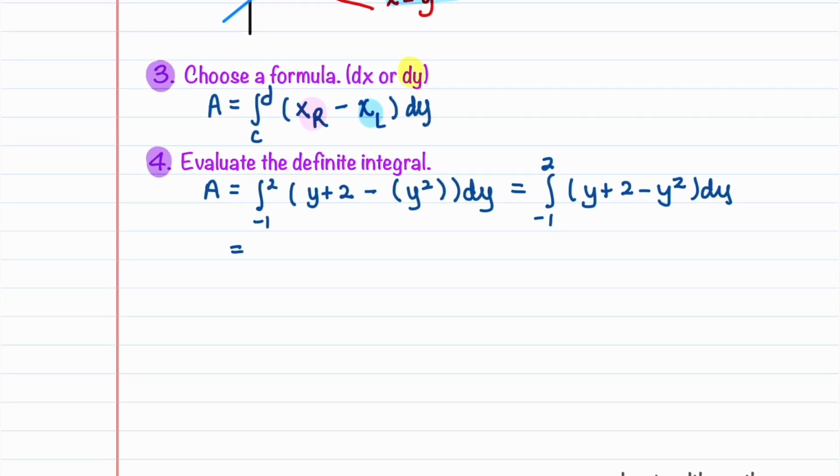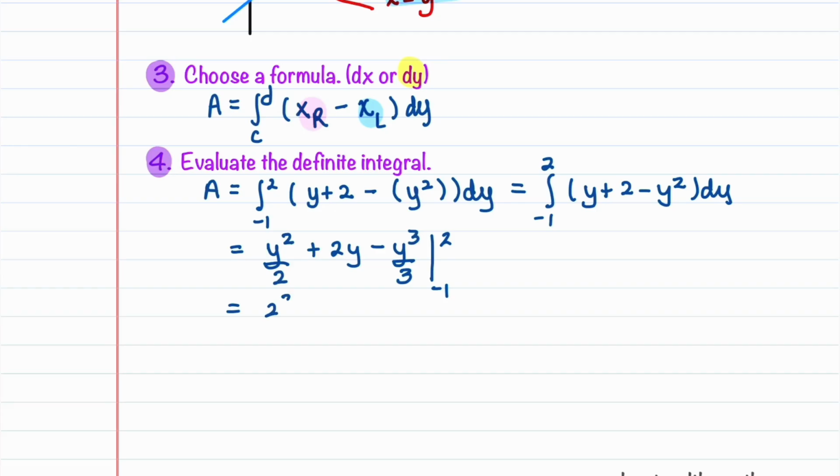Now we can go ahead and integrate. We have y squared over 2 plus 2y minus y cubed over 3, and we're evaluating that from -1 to 2. We're going to substitute y is equal to 2 first because that's our upper limit.